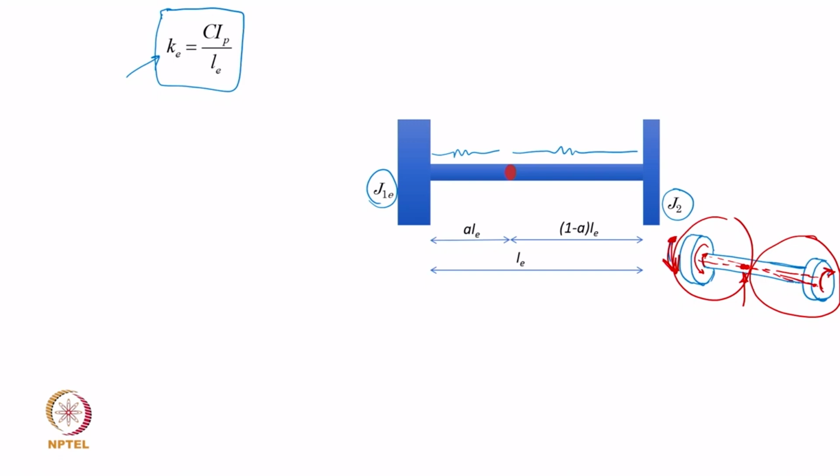So, at the natural frequency, when the entire system vibrates as one single unit with the same period of oscillation, what we now assume is that there will be a location somewhere along the length of the shaft where there will be 0 twist and this body will oscillate in one direction and in the opposite direction this body will oscillate.